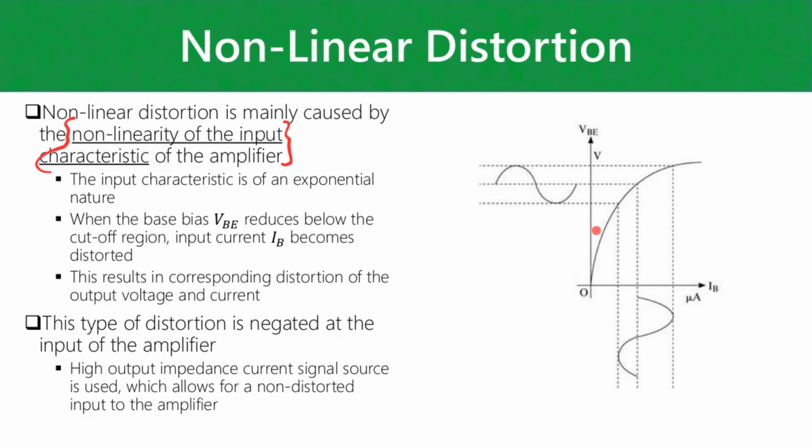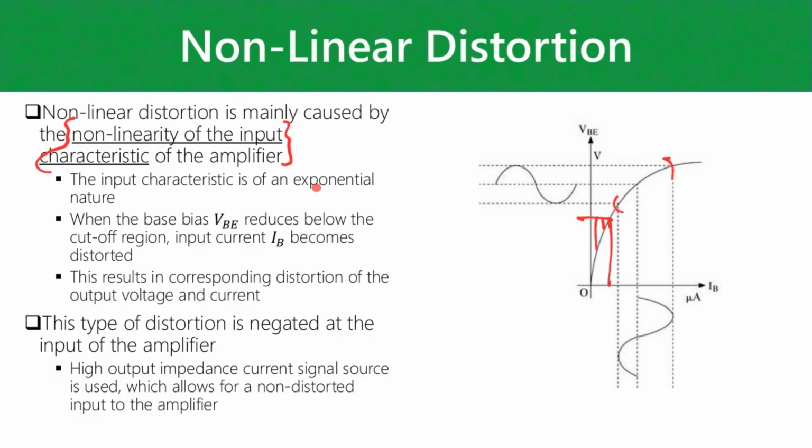Ideally, you would want your input within that range there for your base emitter voltage, because that means you're going to have more or less a linear relationship with the current. But further out, like we have here in the example, you are operating over a nonlinear region of the curve. So that's going to give you a distorted output, right?